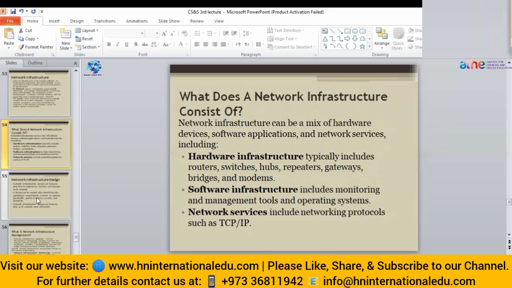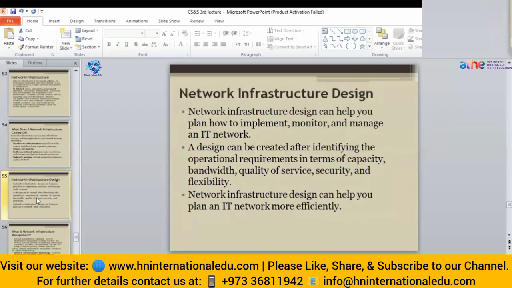Software infrastructure includes the monitoring and management tools and the operating system. So according to our need, we can utilize different types of operating systems and different types of software. Network services include the networking protocols that must be universal for all the computers, because we have to do worldwide communication.